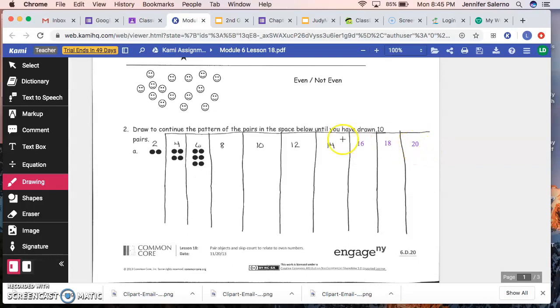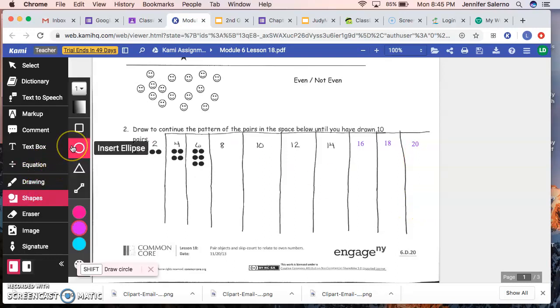For this one, I gave you all the numbers on top because I want to make sure you understand it could be a little tricky. So here you're going to be showing me 8, 10, 12, 14, 16, 18, and then 20, okay? So for the drawing, you just go to your shapes. I mean, you could use circles if you want to.